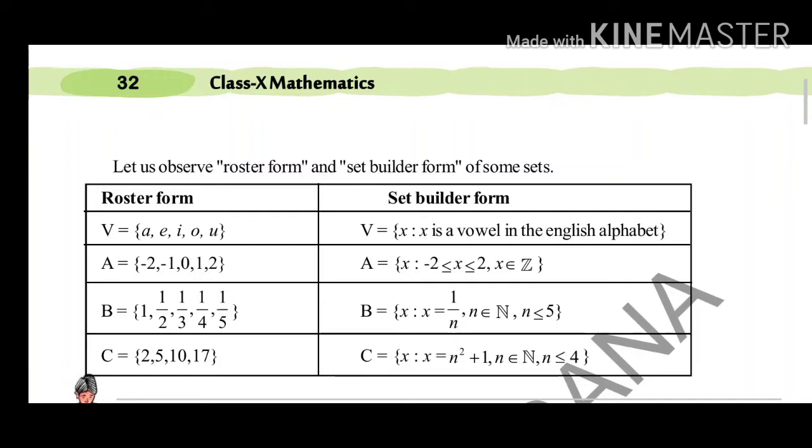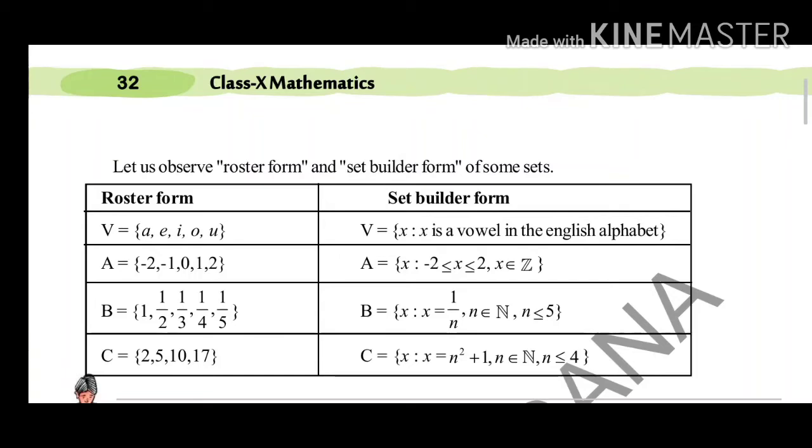So I have written here n belongs to N. The natural numbers go up to less than or equal to 5, or not? n less than or equal to 5. If you want, in place of n less than or equal to 5 you can simply write n less than 6 also. Yes or no? n less than 6 means 6 will not be considered in this set. Yes.